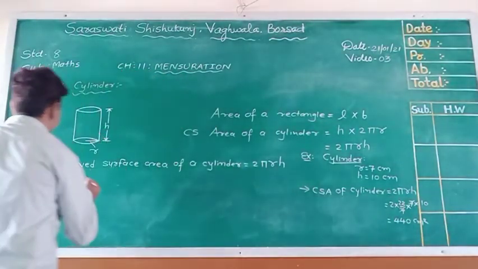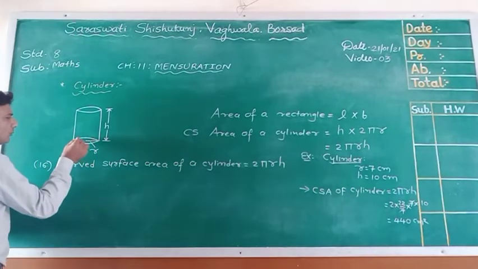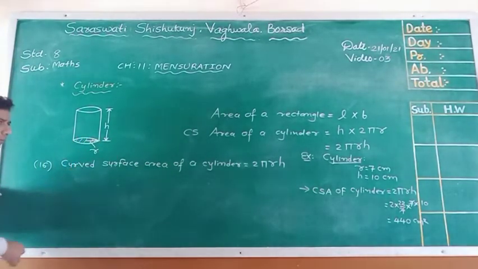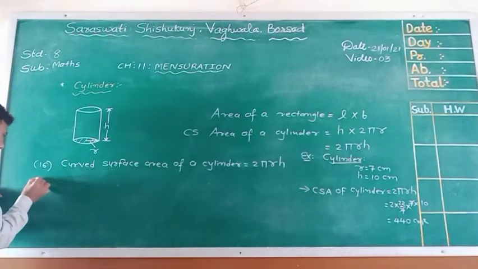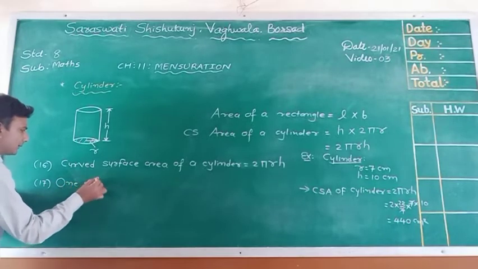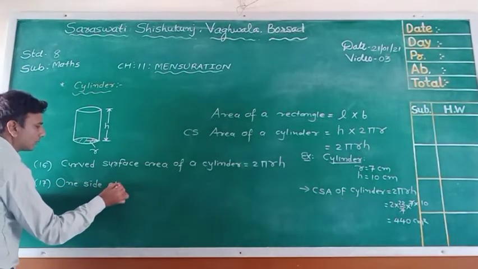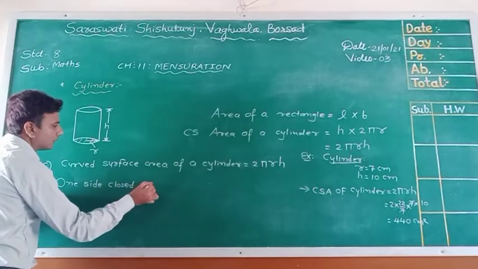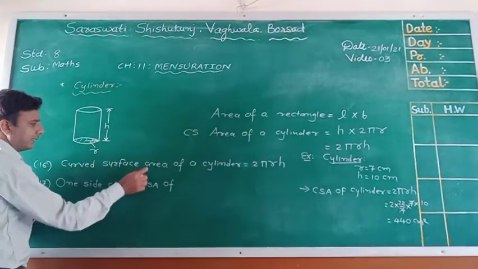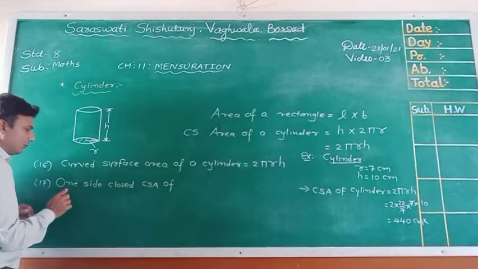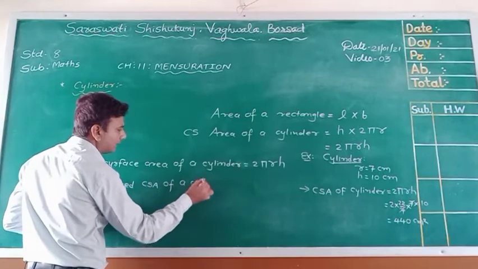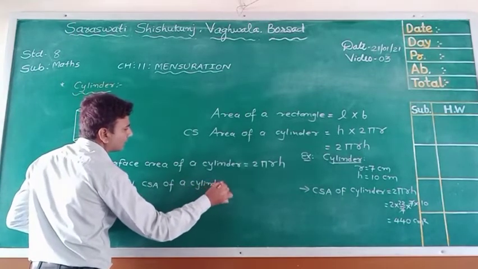So let's take, suppose the bottom is closed, here the downside circle area is given, so formula 17. One side closed curved surface area (CSA) of a cylinder. Same formula.